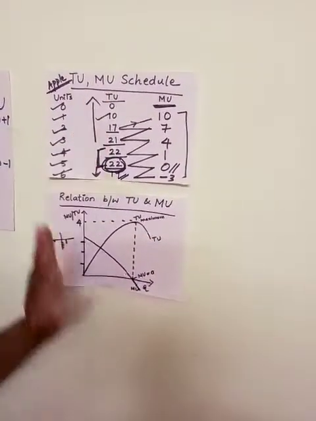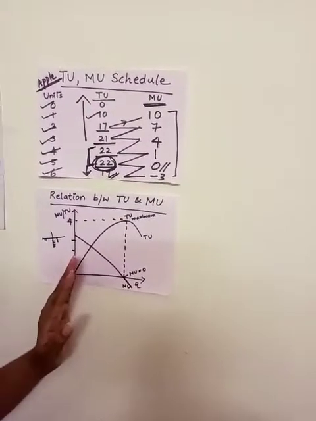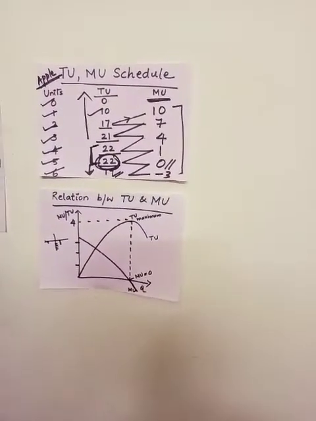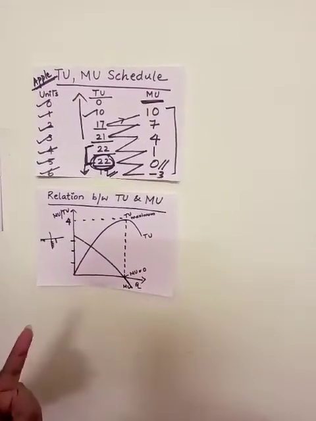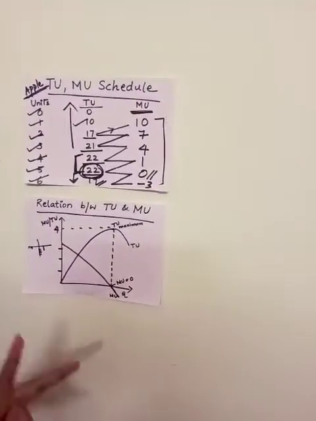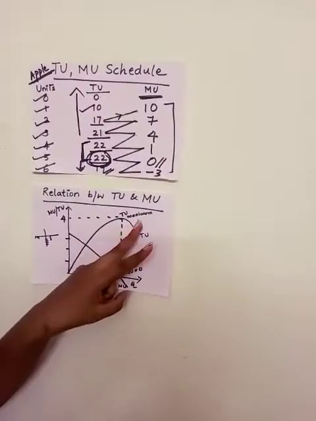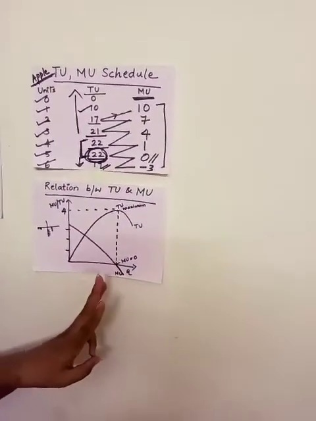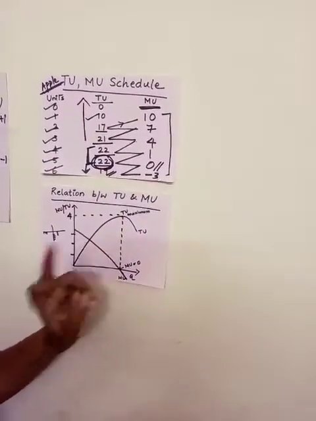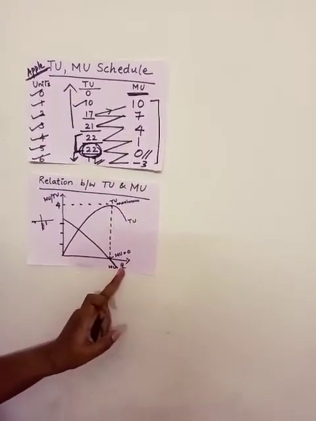So this is the TU and MU schedule and also the relationship between TU and MU. First relationship, MU is throughout decreasing. Second relationship, when TU is maximum, MU is 0. Third relationship, when TU starts falling, MU turns negative.